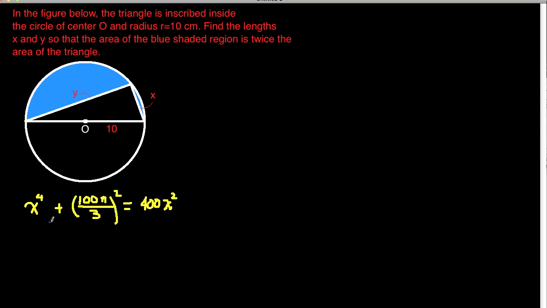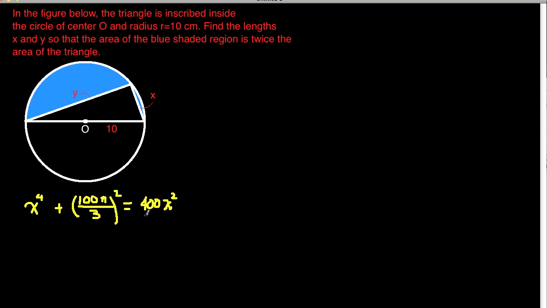We have gotten to this equation right here. The equation is x to the fourth, where x is one of the dimensions of the triangle, plus (100 pi divided by 3) squared is equal to 400x squared. Now we want to solve this equation.